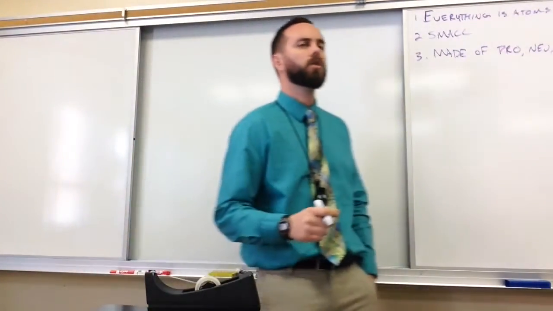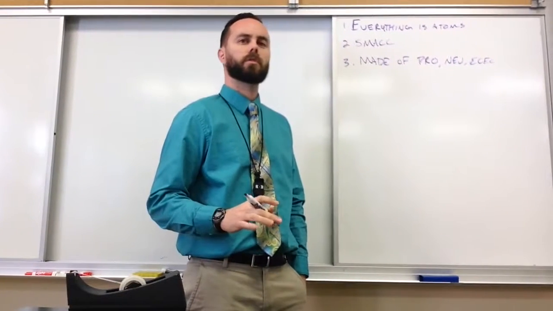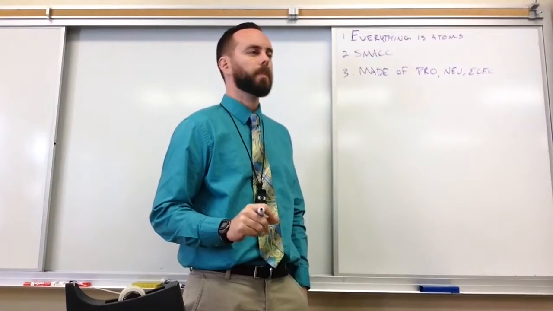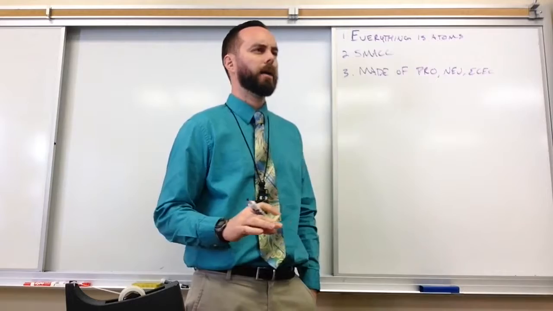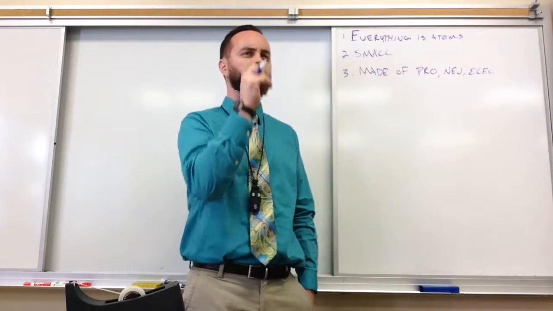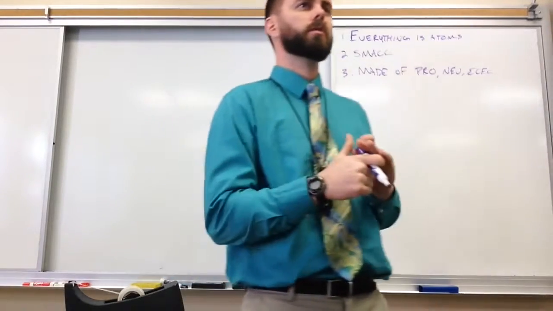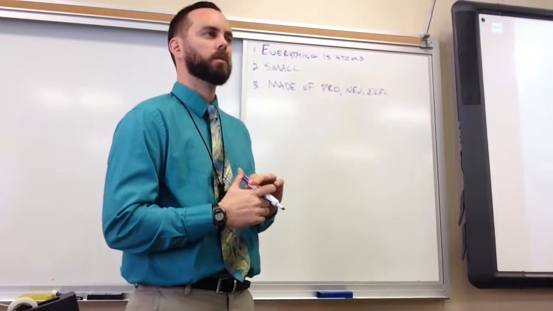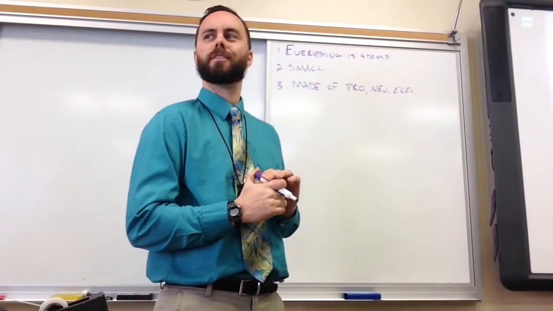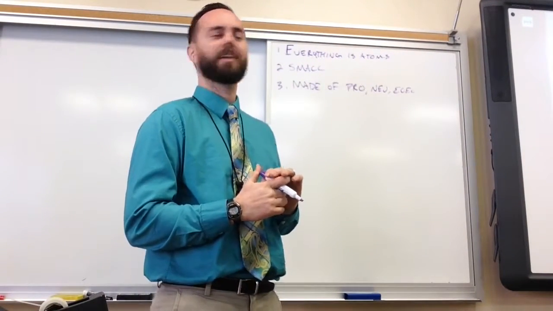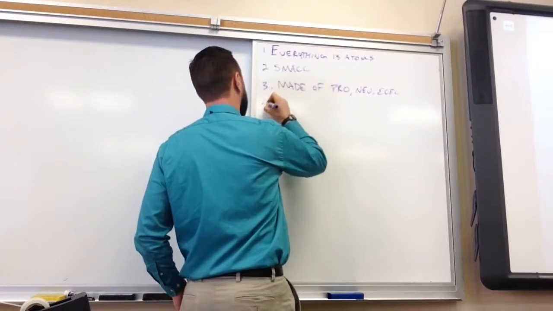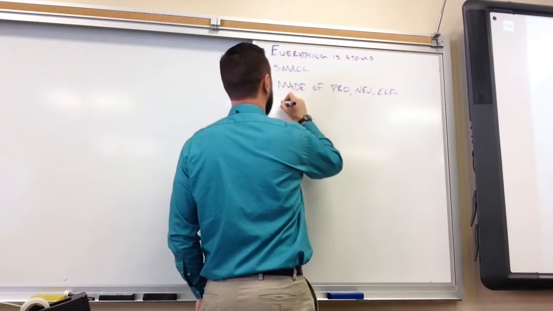That's a good one to have. What else about atoms? Remember, perhaps, for Madison, what the center of an atom is called? Yeah, very good. So, it's true for both. Middle.